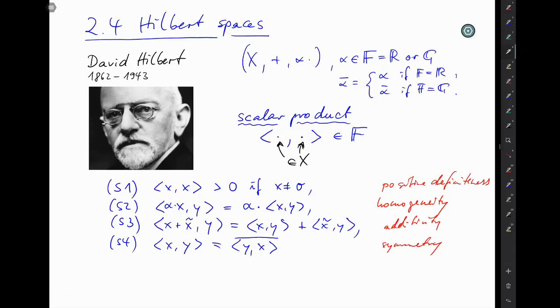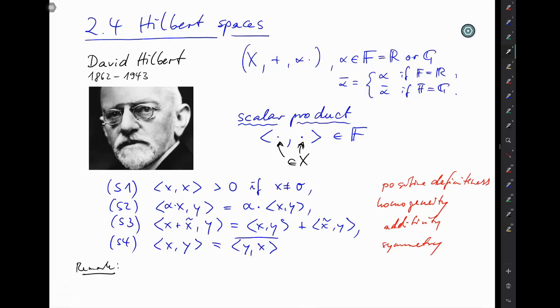If you look at the first axiom as 1, then you might wonder, well, what if x equals 0? That is quite clear from the second axiom, so let's just remark.